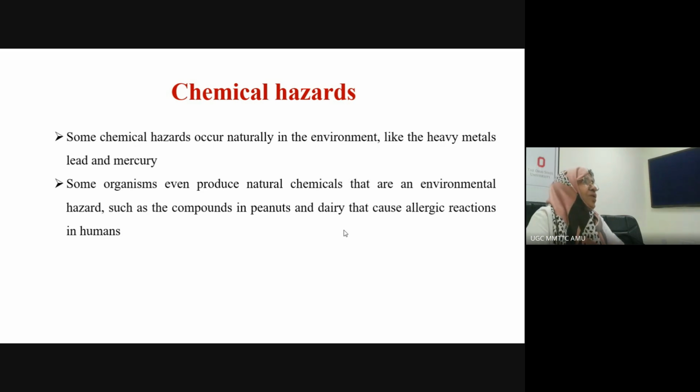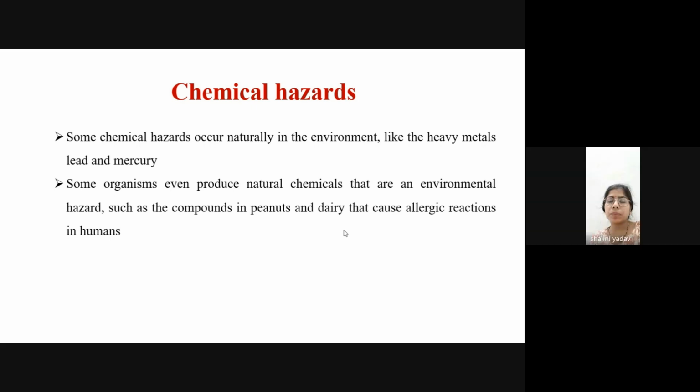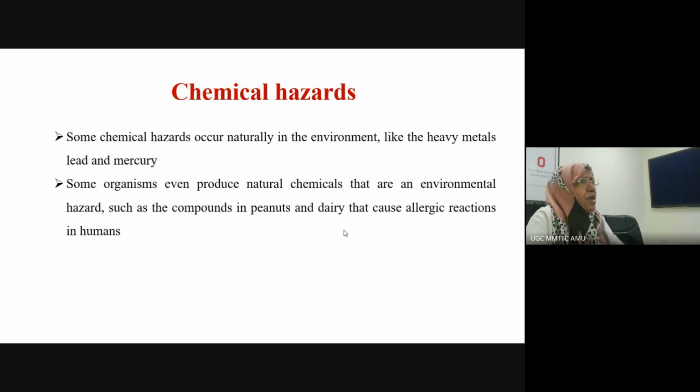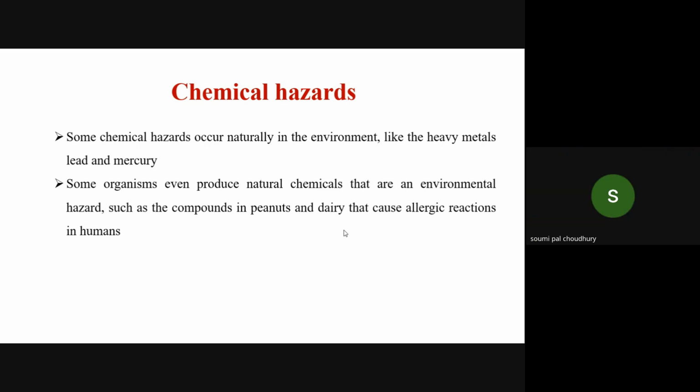So the poisoning continues. जैसे आप लोगों ने कहा कि आज भी बच्चे जो हैं, there is DNA damage, disabled. So this is again an example of chemical hazard.